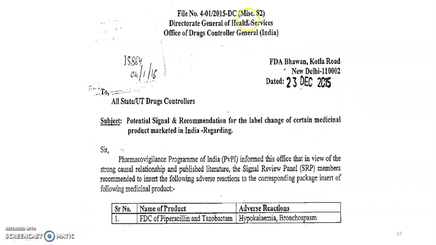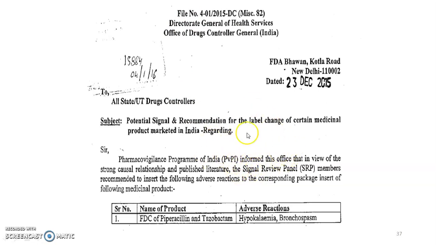In 2015, the Drug Controller India released information to all the marketing authorities, or medicinal product marketing authorities, giving signals, that is the relationship between the drug and the event.